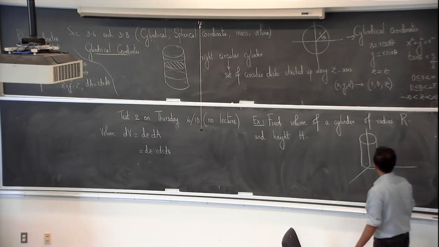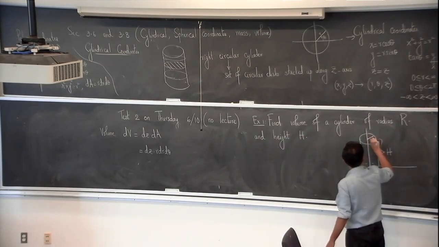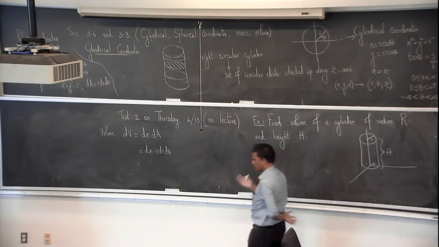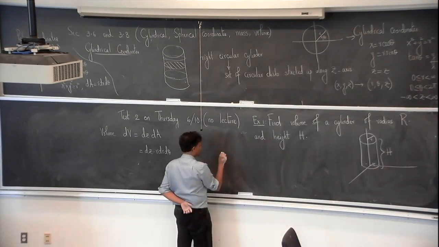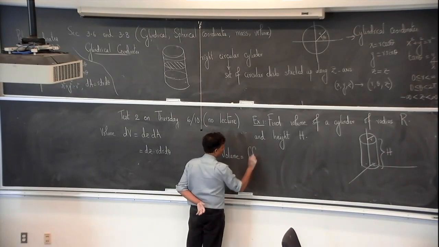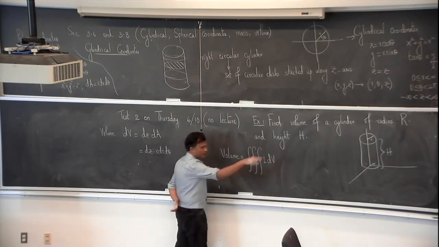This height is h, and this radius is r. All of you know the volume is pi r squared h, but we are just trying to verify it using cylindrical coordinates. Again, don't forget the volume is just the triple integral of 1 dV. And the solid is the cylinder.